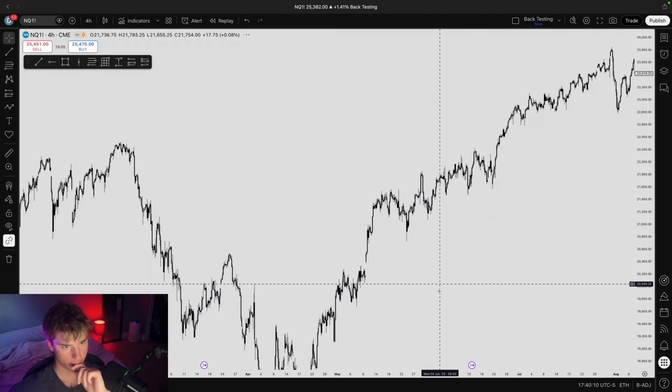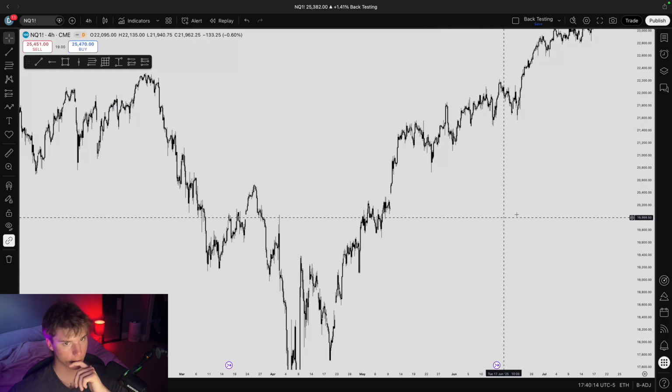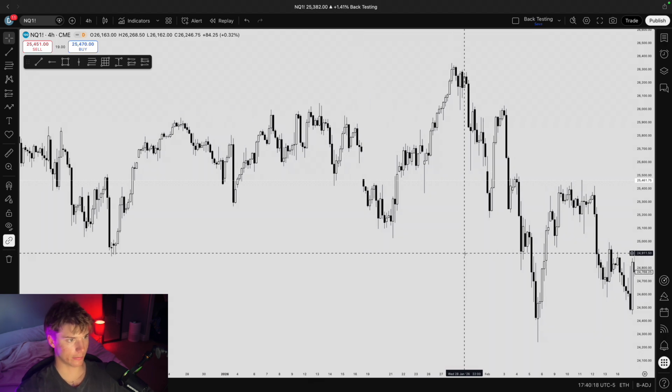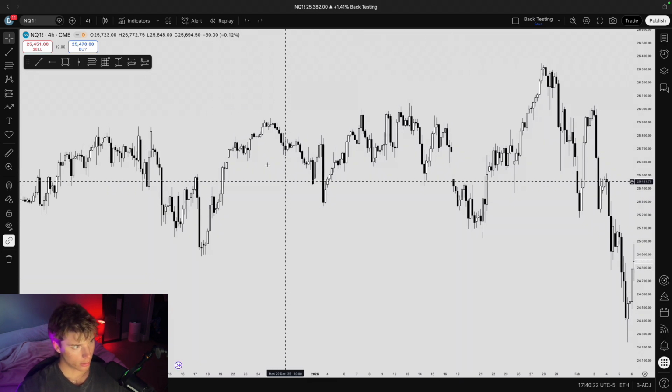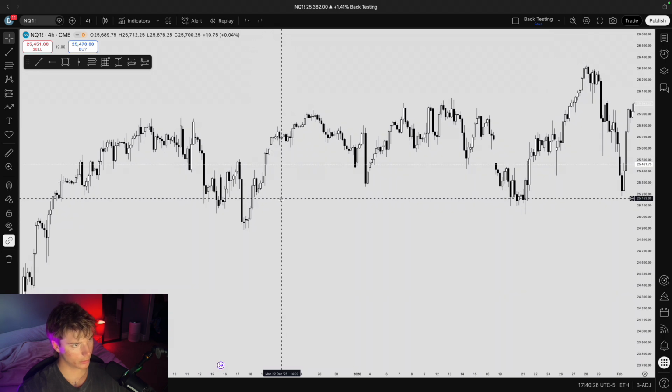Let's see how far back we can go, because this literally happens on every single time frame. Obviously, I'm using it on a higher time frame and showing you examples like these, but still, this is what we want to use.